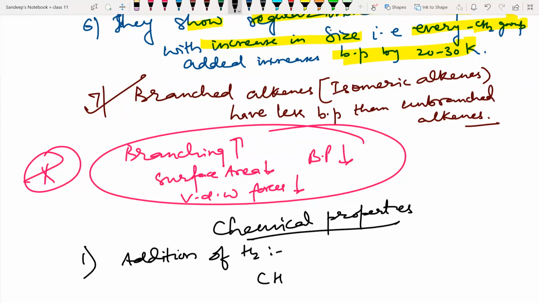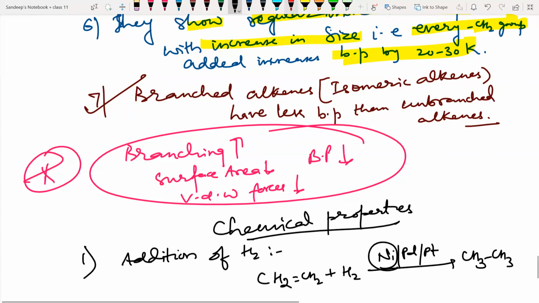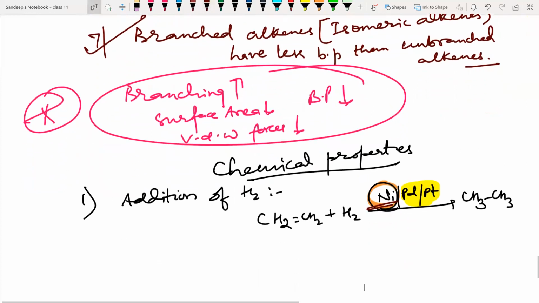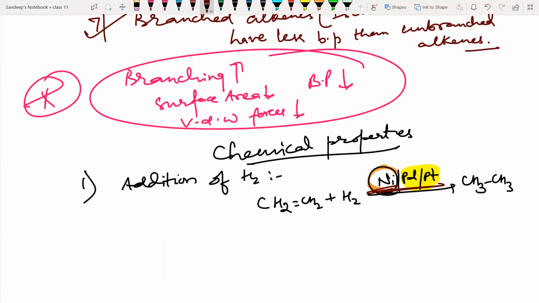As you have read in the previous class on alkanes, alkenes react with hydrogen in the presence of nickel, palladium, platinum. It forms an alkane. Keep in mind that with nickel it is heated, but with palladium and platinum the reaction occurs at room temperature. The reaction with nickel is also called the Sabatier-Senderens reaction. So ethene reacts with hydrogen in the presence of Ni, Pd, Pt. That is the trick.